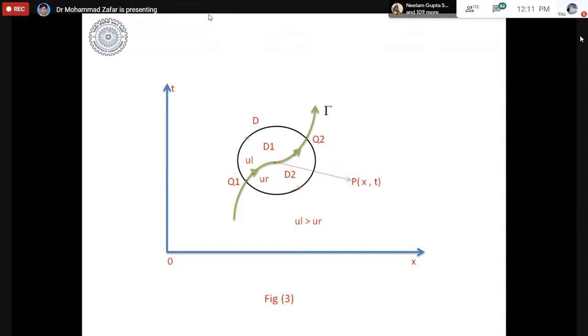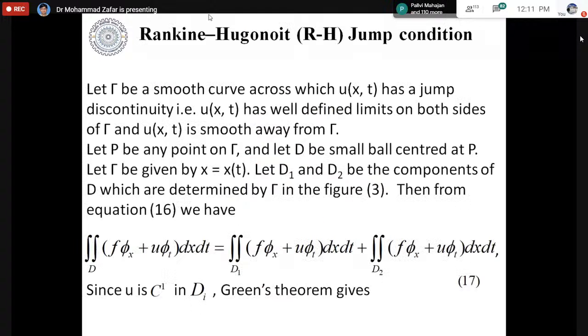And suppose q1 is the point where this curve gamma intersects this disk, and q2 is the upper point where gamma intersects this disk. Here ul and ur are the left hand and right hand limits of u when x approaches this curve gamma. So this is given in figure number 3. Let us proceed to the next slide. Also ul is greater than ur.